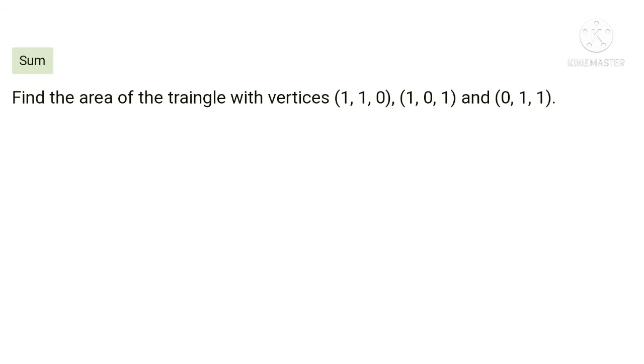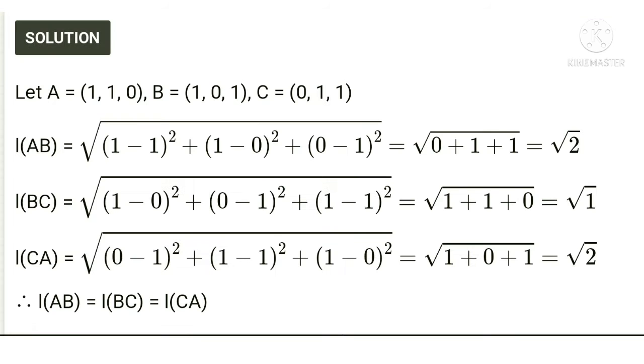Question number 10. Find the area of a triangle with vertices 1, 1, 0; 1, 0, 1; and 0, 1, 1. We have to find the area of the triangle. Since vertices are given, we suppose the vertices are A, B and C. A vertex is 1, 1, 0, B vertex is 1, 0, 1 and C vertex is 0, 1, 1.